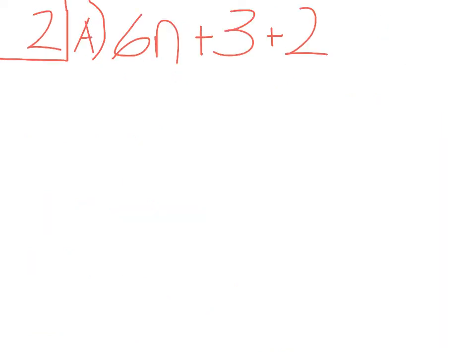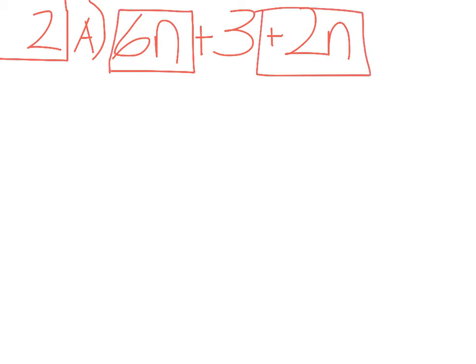Example 2a, we have 6n plus 3 plus 2n. Again, we're combining like terms here. It says to simplify the algebraic expressions. That means to simplify or combine like terms. Here I'm putting rectangles around the first term, and then I always do that. I put a rectangle around the very first one, and then rectangles around everything that's like with it.